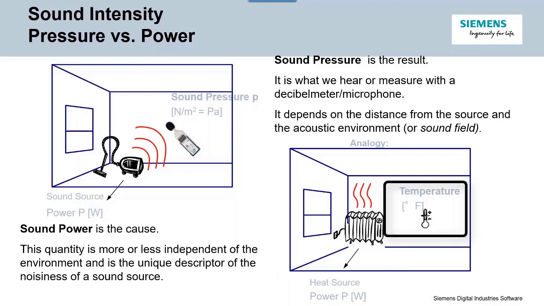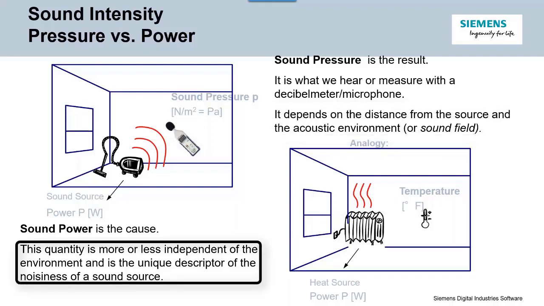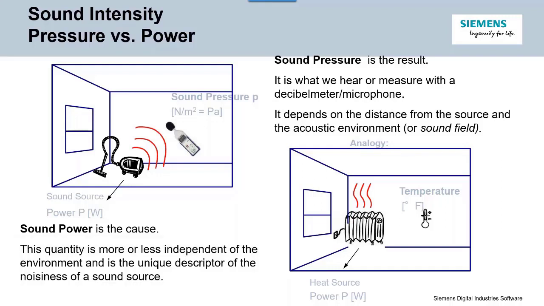The temperature in the room will depend on where you are measuring. Are you measuring close to the source or further away from the source? The temperature is similar to sound pressure. It is very much dependent on where you are measuring and the environment you are measuring in, whereas sound power is similar to the total heat energy radiated from a source. So they are analogous in the way they behave.